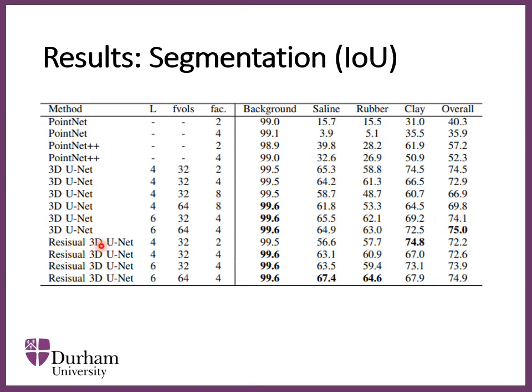And for residual 3D unit, we can actually get very good results for these 4 different combinations. But the best result is still 74.9, which is comparable with our best 3D unit performance.